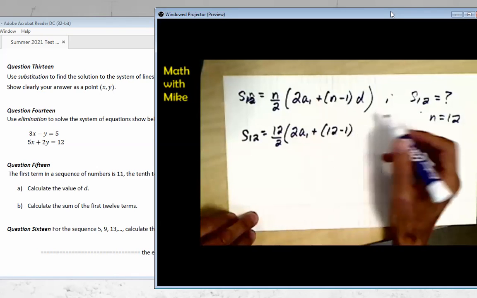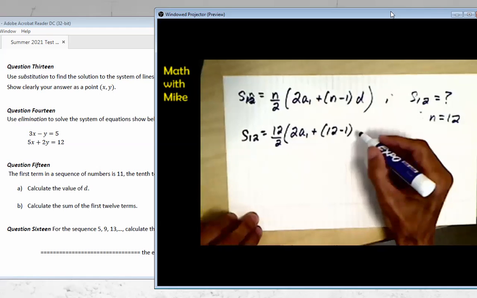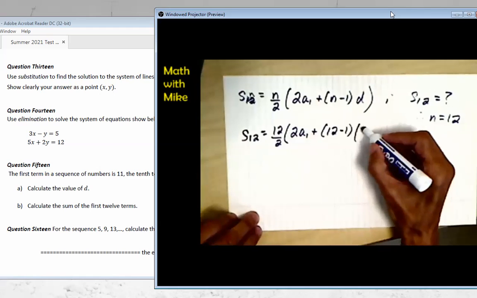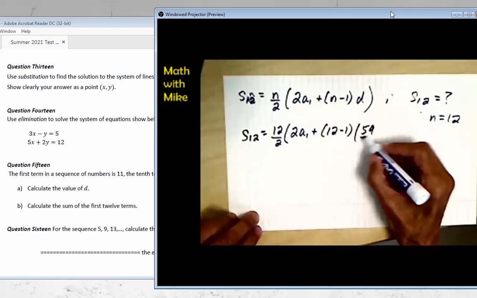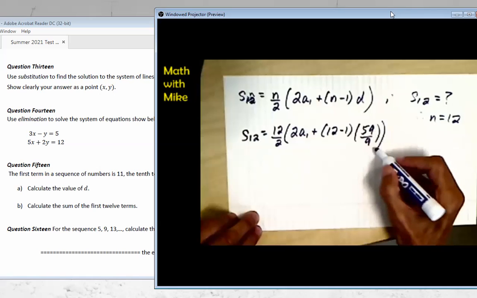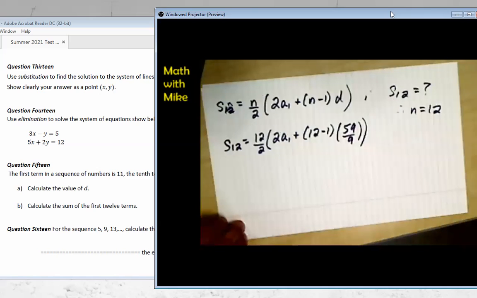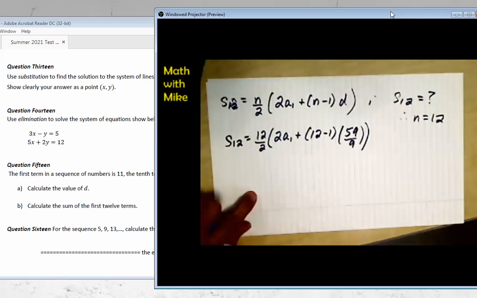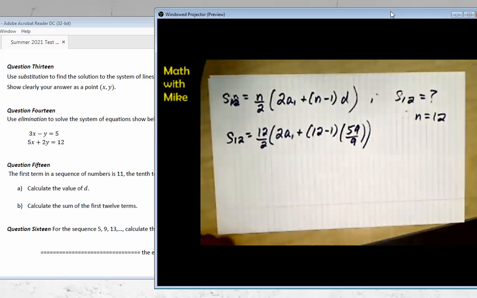D we have, I was just about to write D, but from question 15 part A, we got it as 59 over 9. Awkward fraction, but hey, that's the life we're in. Keep it neat.